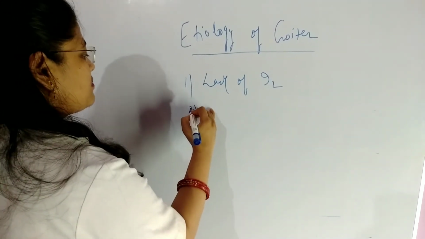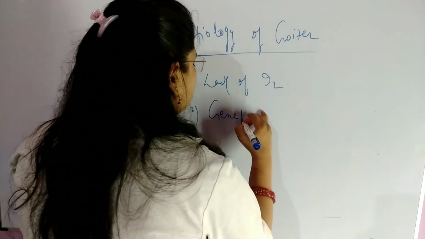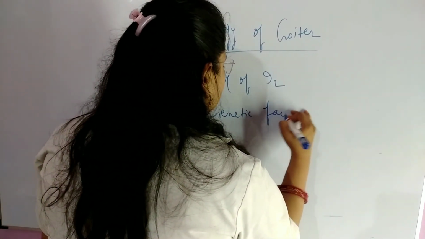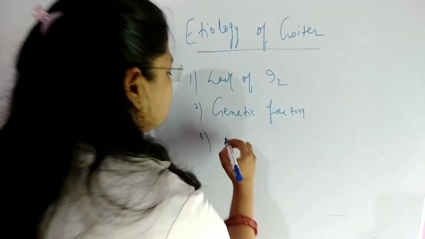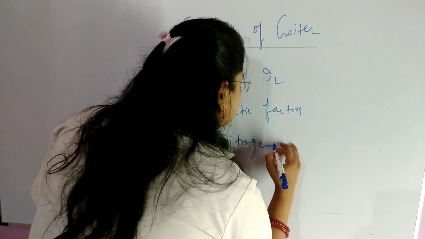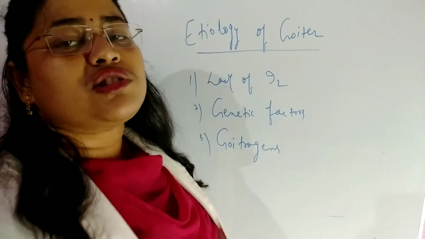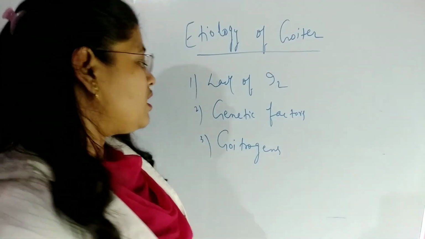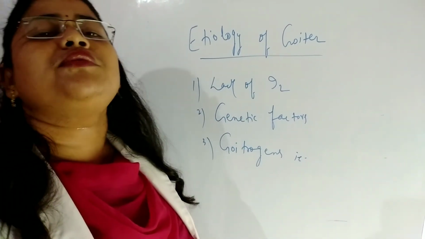Second is genetic factors. Third is goitrogens. Goitrogens are those substances which interfere directly with formation of thyroid hormones, and they are found in cabbage, cauliflower, turnip.